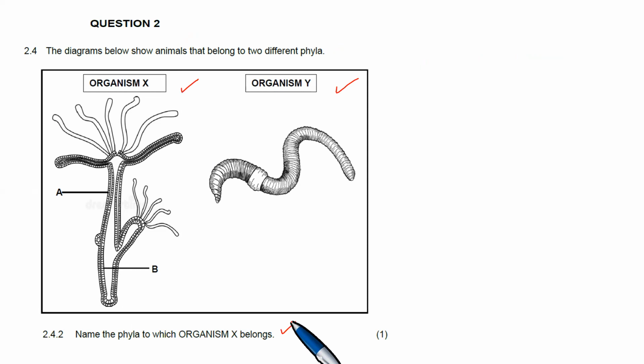Right, so now this organism X, where does it belong? They belong to different phyla, but to what phylum does organism X belong? You can see it appears to have 2, 4, 6, 7 finger-like structures.